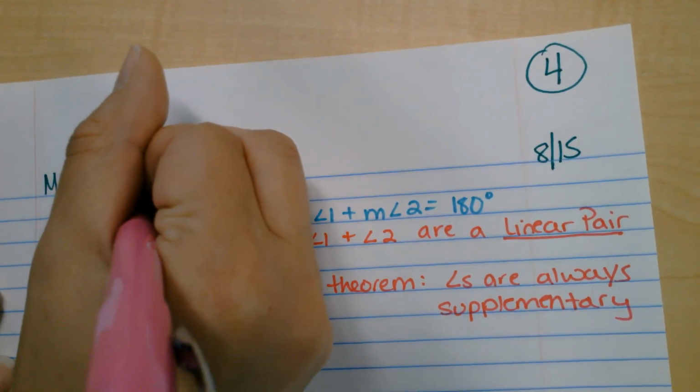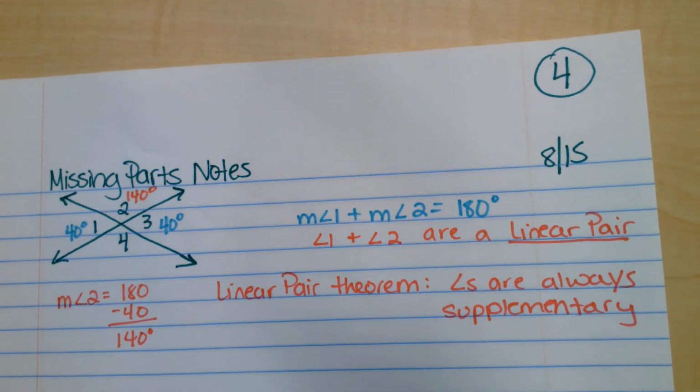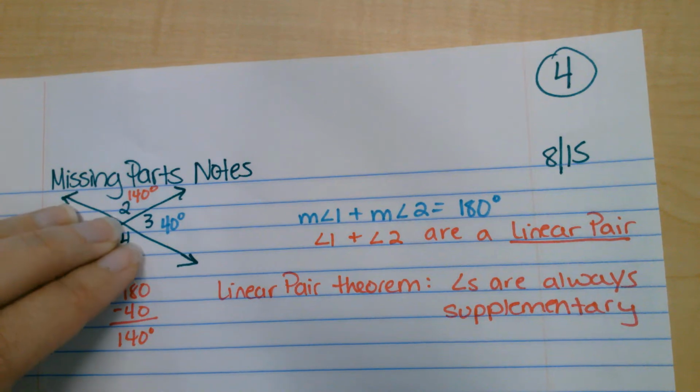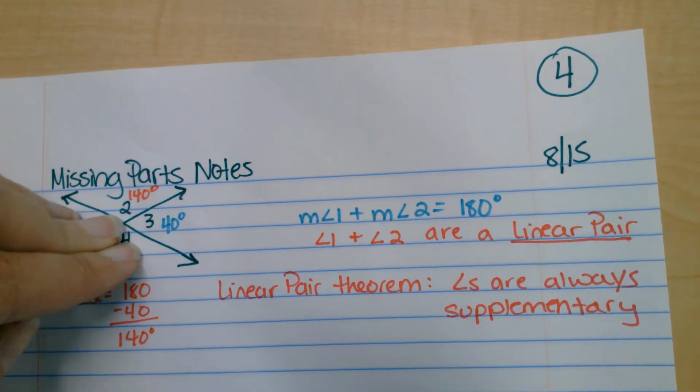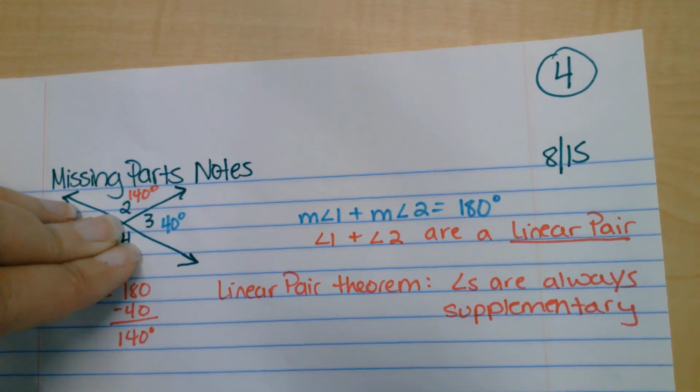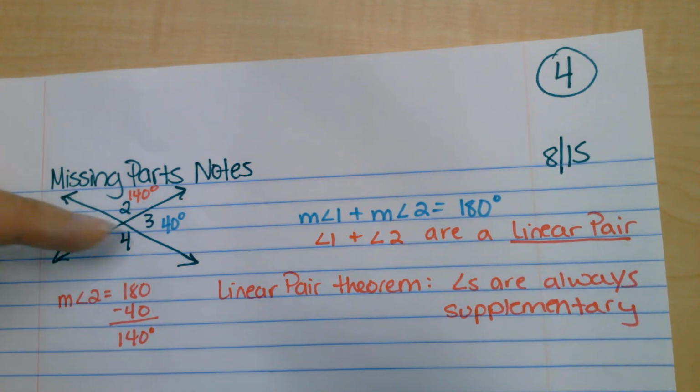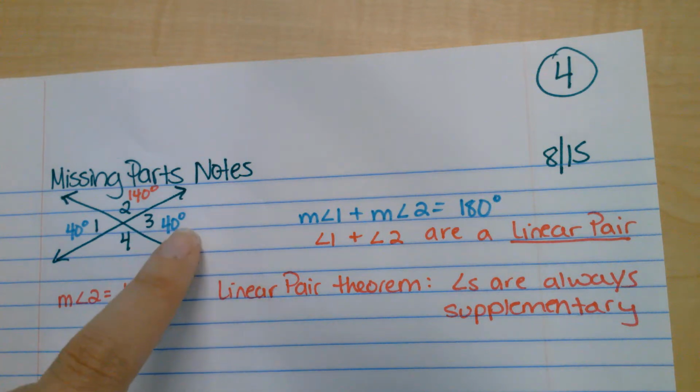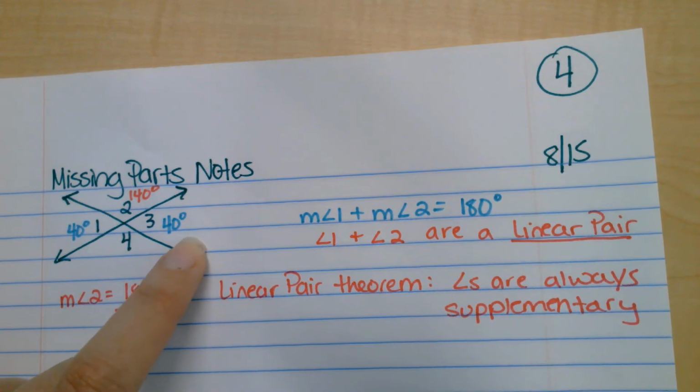So angle 2 is also 140. Well, I know that 2 and 3 are also going to be supplementary. They're also a linear pair. So that means I would just do the same thing in reverse. That would be proving the linear pair theorem, or yada yada. Same logic applies. We can now assume that angle 3 is also 40.